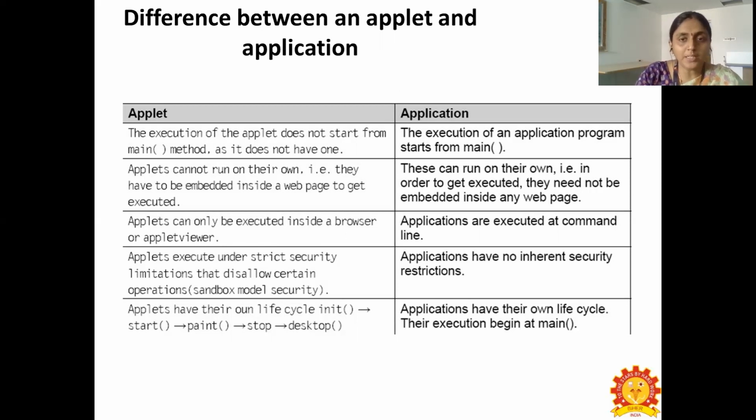First, the execution of an applet will not start from the main method. The main method is not the starting point of an applet program. In application programming, execution starts from the main function.